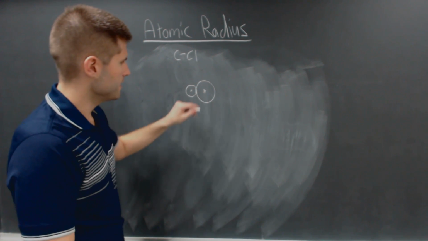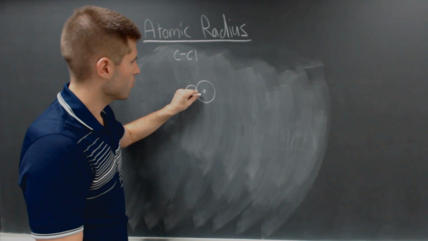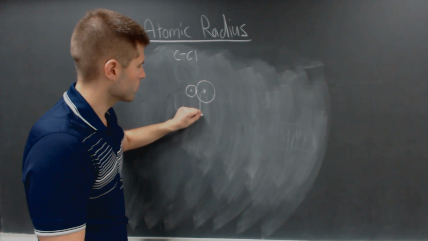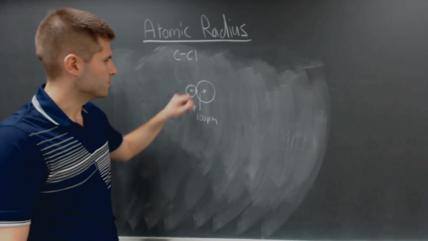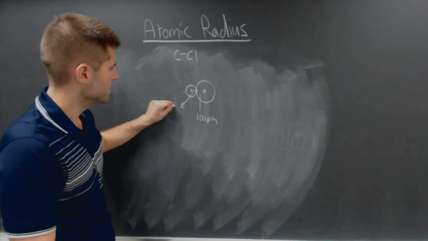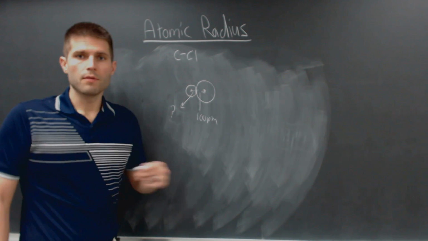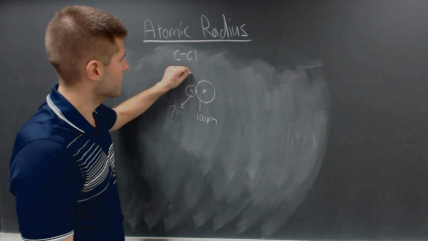Again, we already know what the distance is for the atomic radius of chlorine. We measured that before. That was 100 picometers. Let's say in this case, we don't know what the atomic radius is for carbon, so we're going to put a question mark. But we can then go into laboratory. We can measure the distance between the two nuclei.